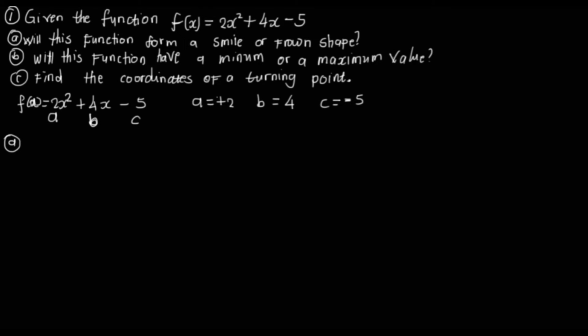The important part to look at is the sign of the value of a. Regardless of the number, what you have to focus on is whether a is positive or negative. We can see that the value of a is positive, so it is going to give us a smile shape.